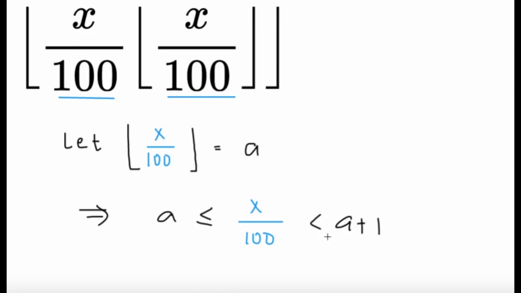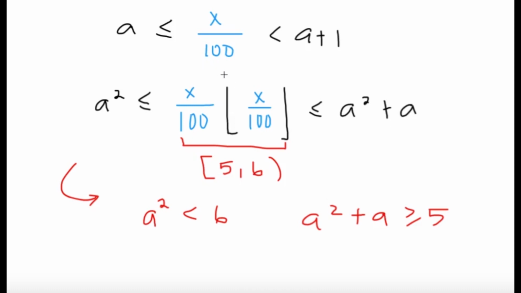So I'm going to multiply both sides by the floor of x over 100. Obviously the inside just becomes x over 100 times the floor of x over 100. And the floor of x over 100, we set it to be a. That's why a here becomes a squared. And then a plus 1 times a becomes a squared plus a.